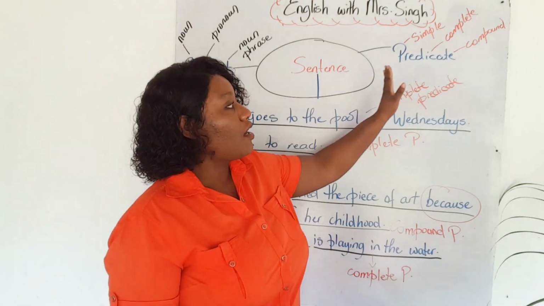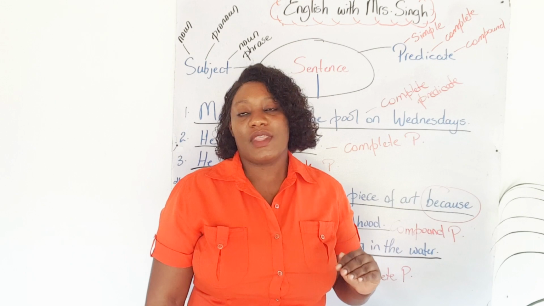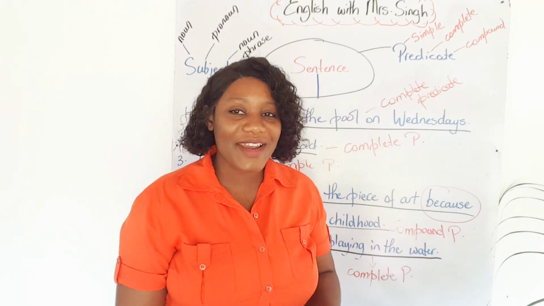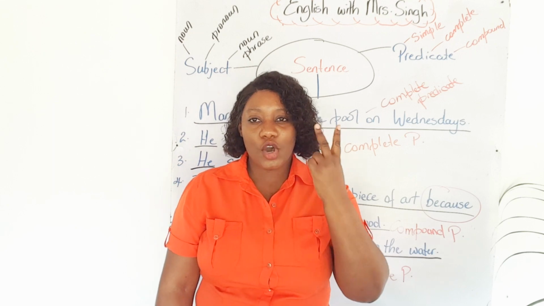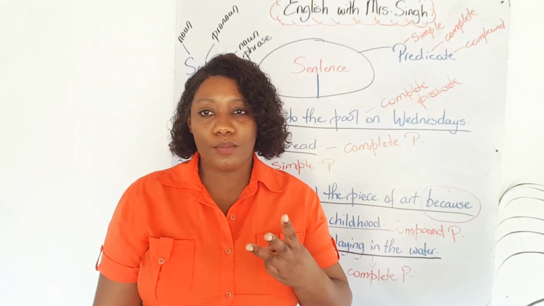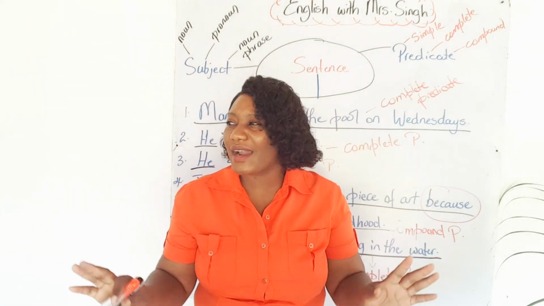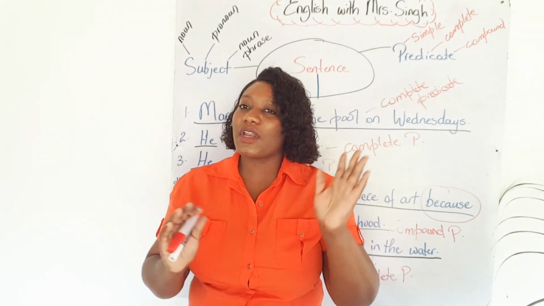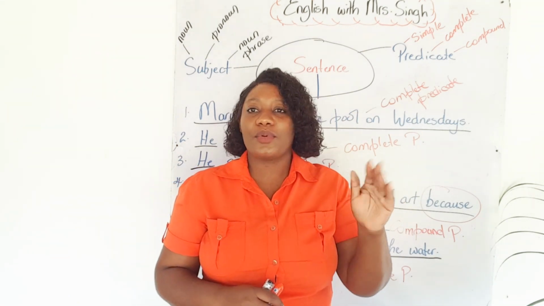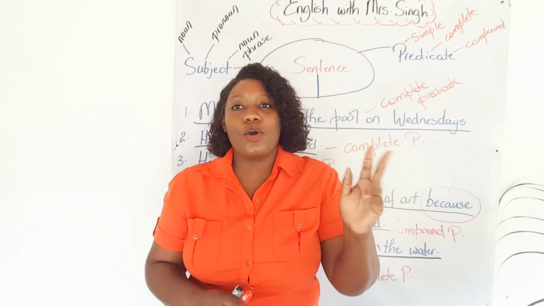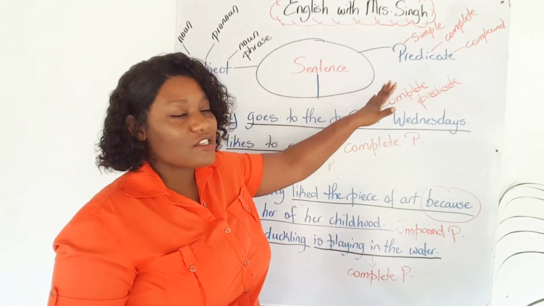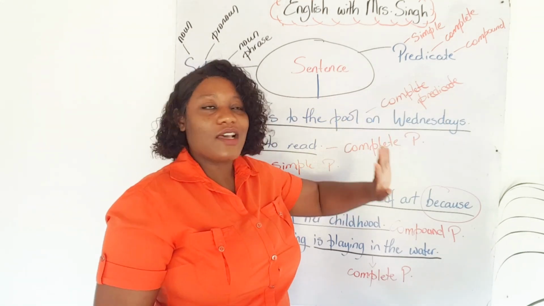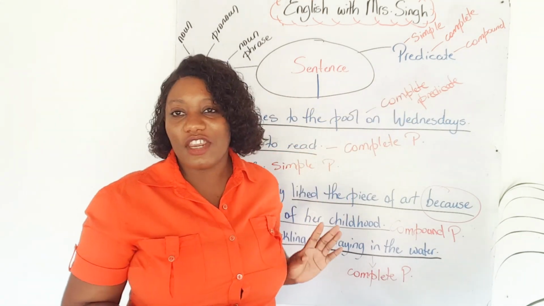Now, our predicate can either be simple, complete, or compound. Now, we have other parts of our predicate, but we're not going to get into that today because our predicate could also include objects and complements and those lovely things. But we're going to just relax with these three that we have here today.